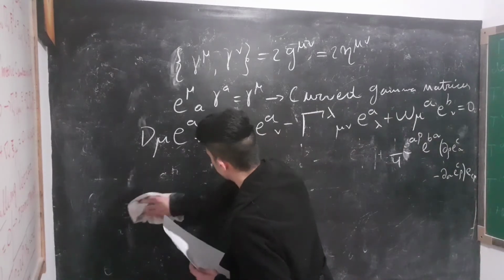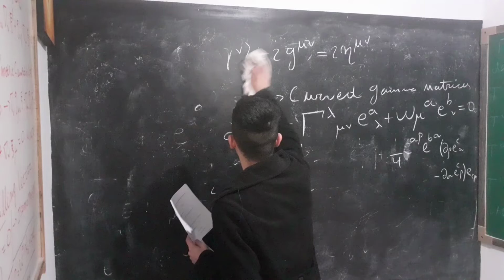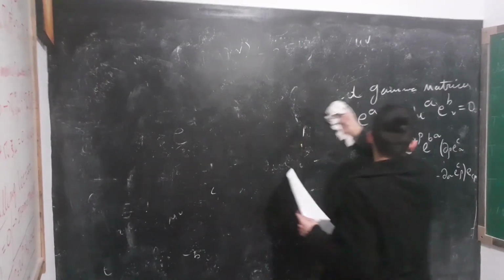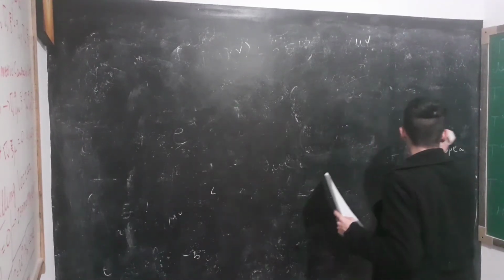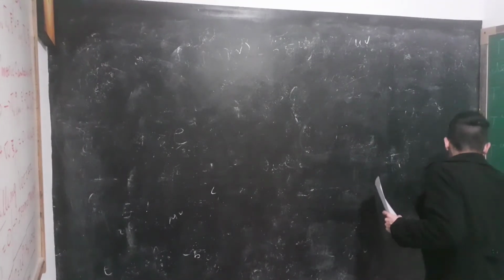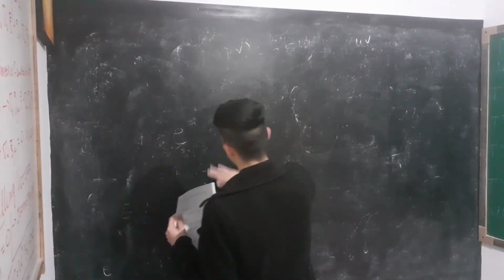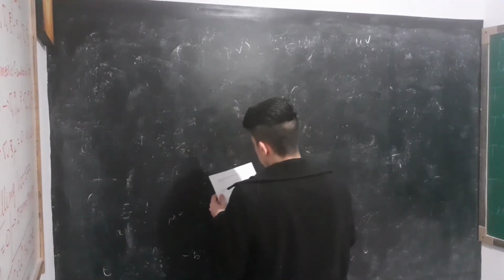You know how we do that to get the equations of motion, and we get two equations of motion that I hope you know, the Dirac equation and then the Einstein field equation, right? So the third requirement is fulfilled.